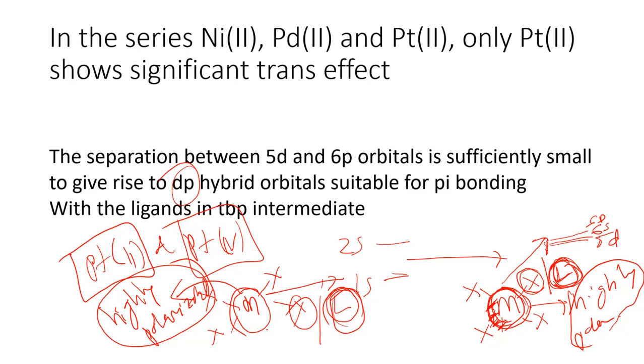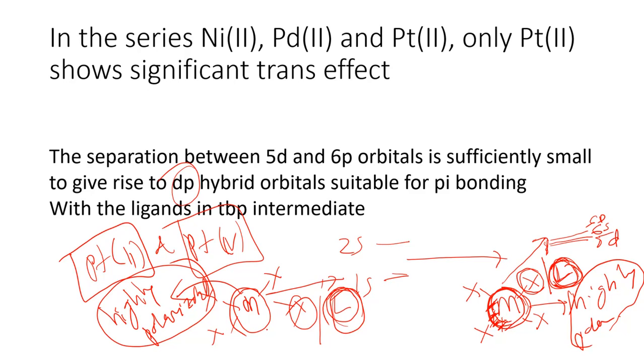Therefore it would try to pull the electron density towards itself, and the positive charge on the metal atom would induce a dipole on the side of L, or a dipole on L, and this may in turn induce a net polarization on the metal in a manner that would repel the negative charge on the ligand X, which is trans to L. Therefore the X would be released easily.